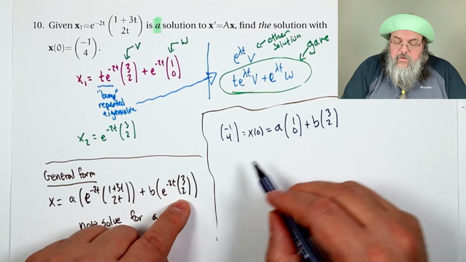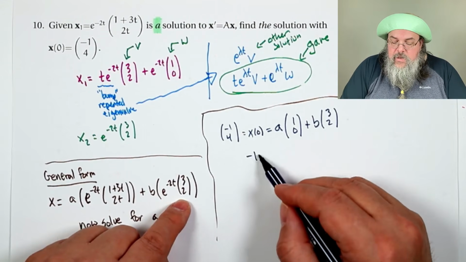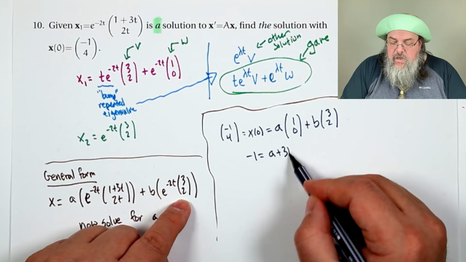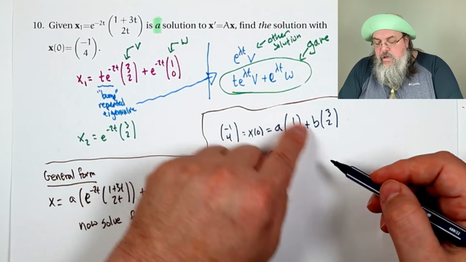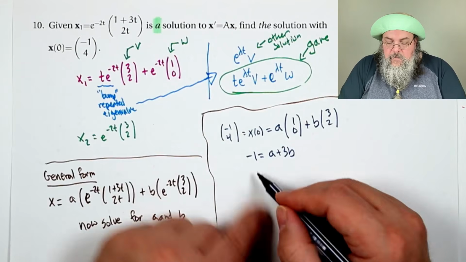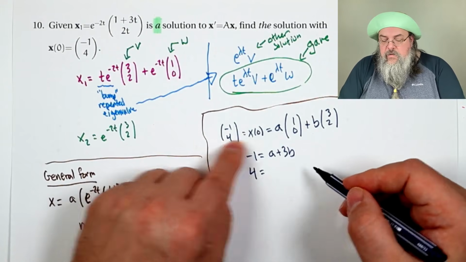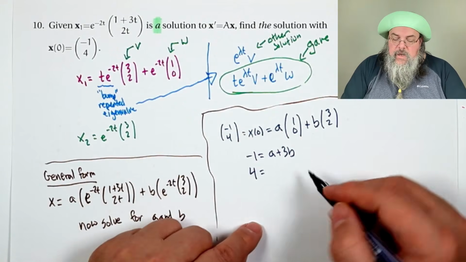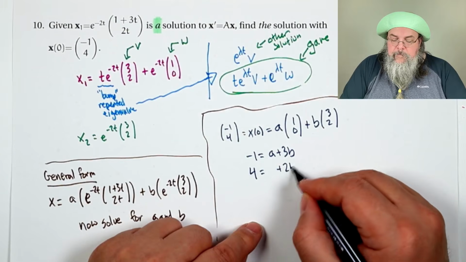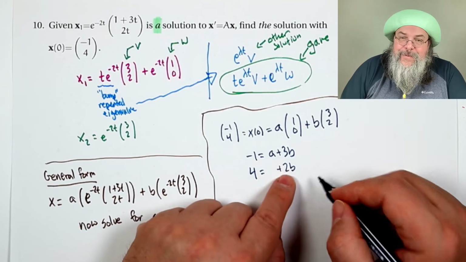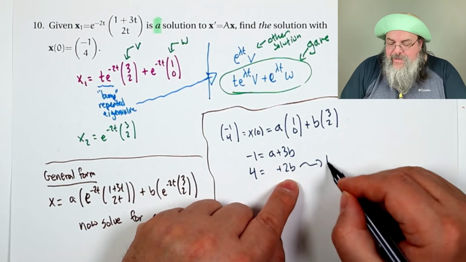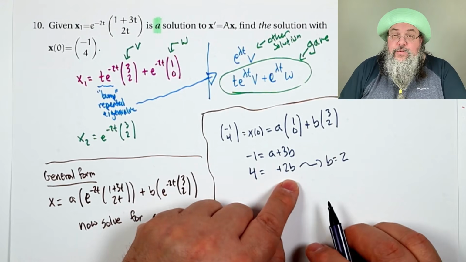And that leads us to two equations, right? Minus 1 is a plus 3b. Minus 1 equals 1a plus 3b. 4 is 0a plus 2b. Well, that's a pretty quick equation to solve for. That tells us that b needs to be 2.